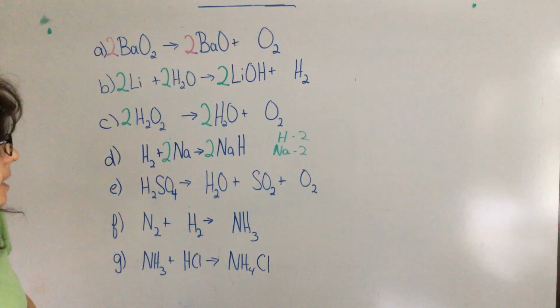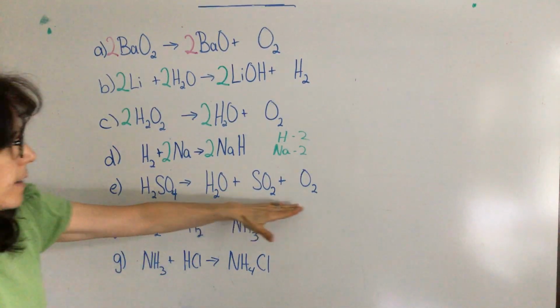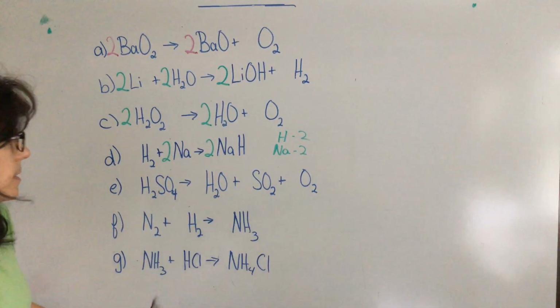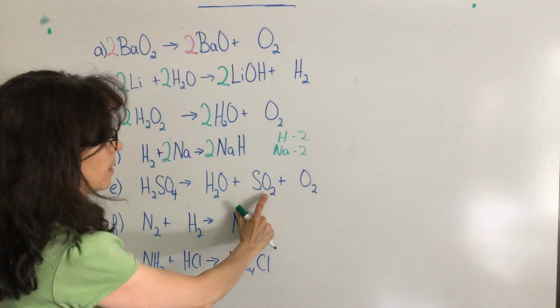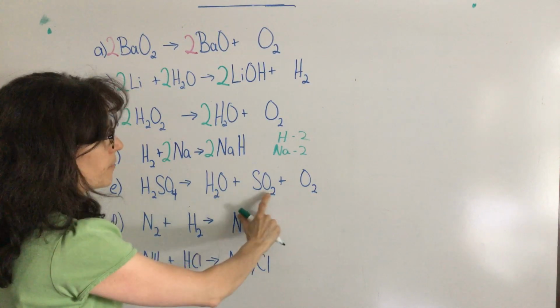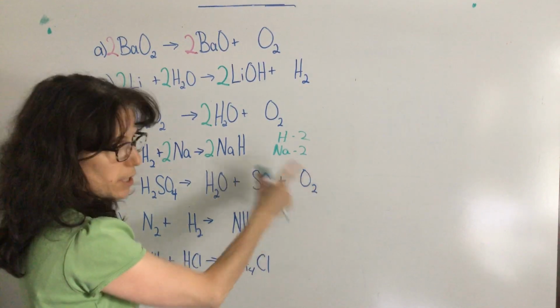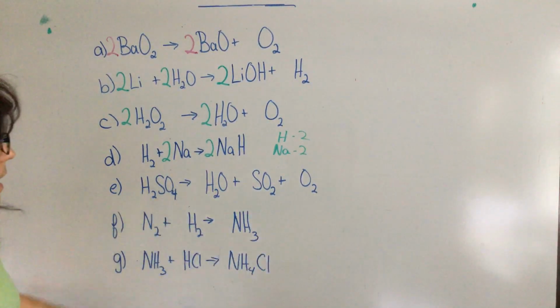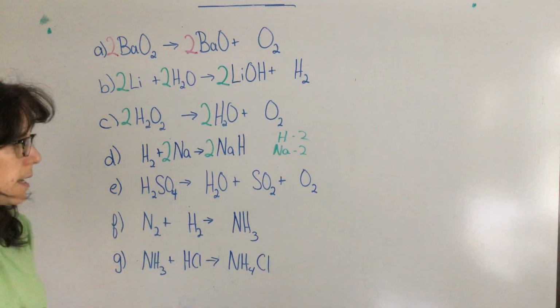Okay, letter E, I'm just going to zero right in on our odd number and see if we need to work with that. 2 oxygen plus 2 oxygen gives us 4. 1 more gives us 5 products, and we have 4 on this side.